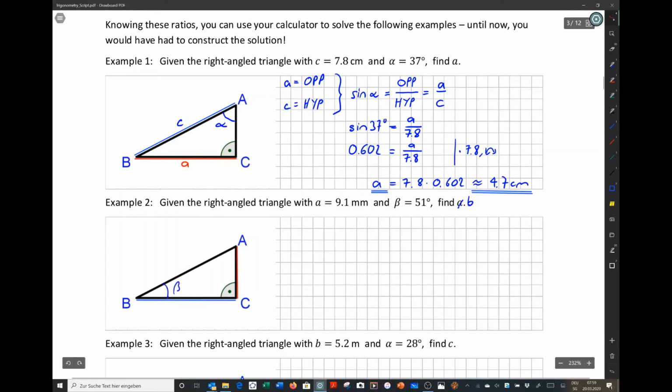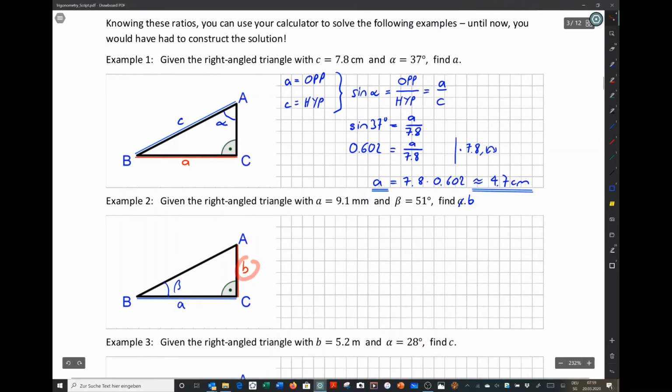In example 2, the side A is given and the angle beta, and we're looking for the side B. This here should say B. With respect to the angle beta, the A is the adjacent and B is the opposite, so the trigonometric ratio where adjacent and opposite occur is the tangent.